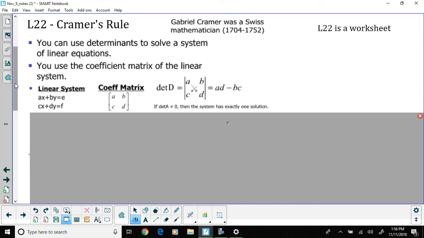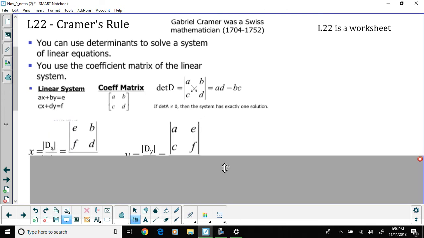And if that's the case, we can't use this method to solve it. Which really isn't completely true, because what I can do is go ahead and find the other matrices. Maybe I'll talk about that later.